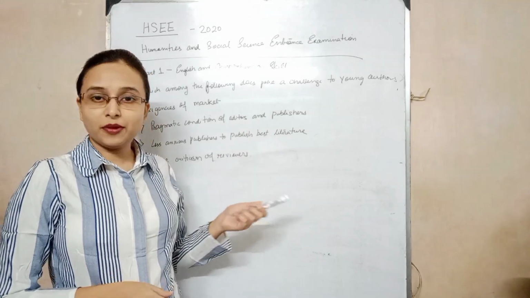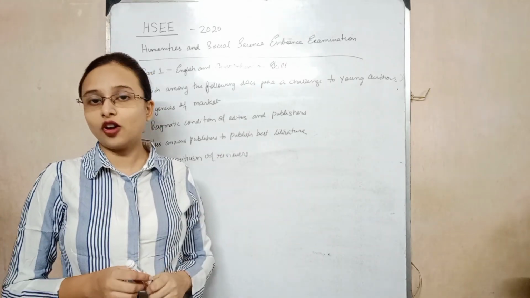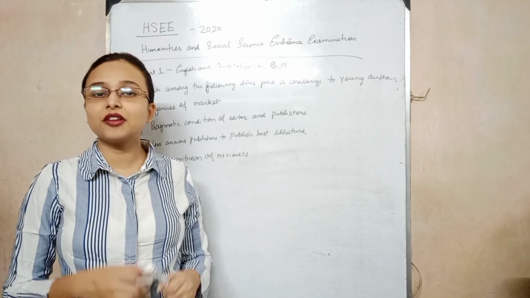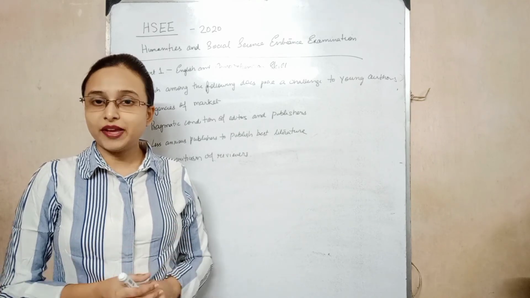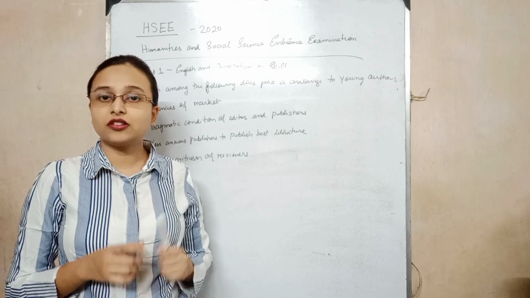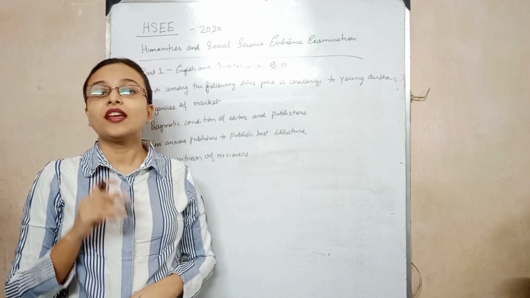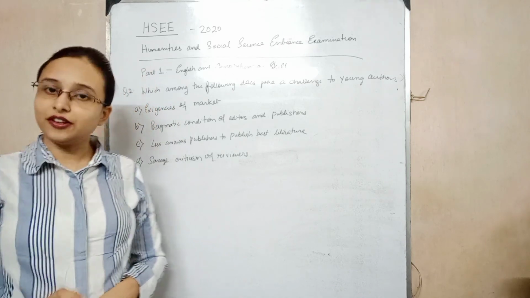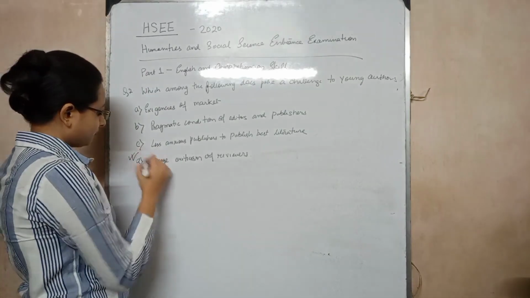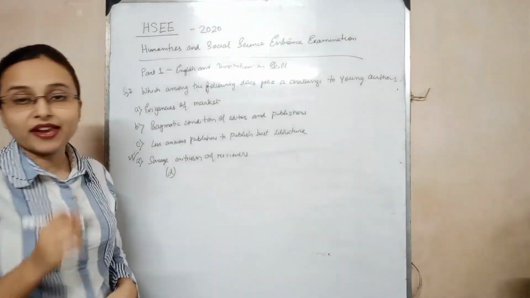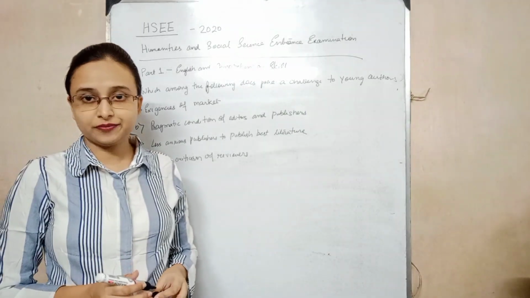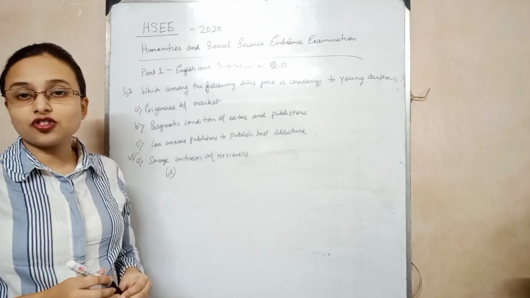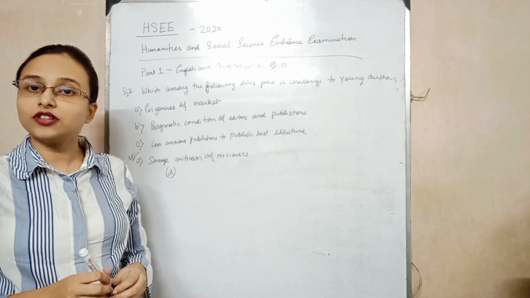You will be able to see the options and solve it yourself. But still, since we are solving this paper, let me help you out. The correct answer will be D, savage criticism of the reviewers. I'm sure many of you must have already solved it. Okay. Take a screenshot of it so that I can move on to the next question.